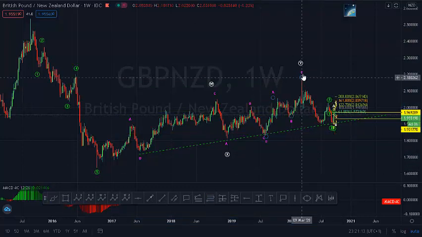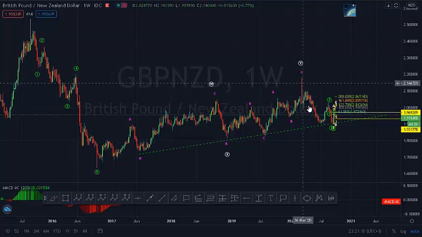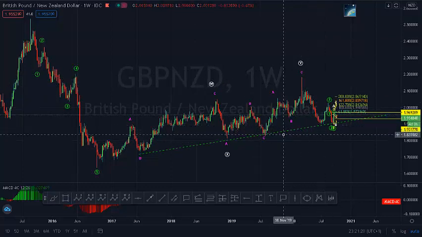This candle is a rejection candle, so it indicates that the price will go down, and you can see price went very far down. Let's go to daily.